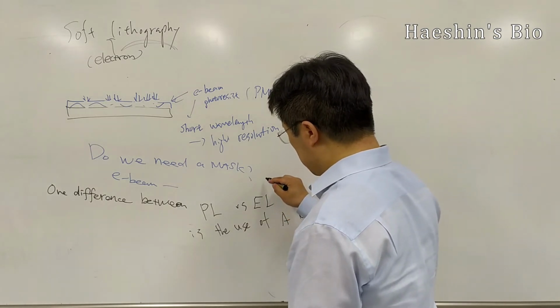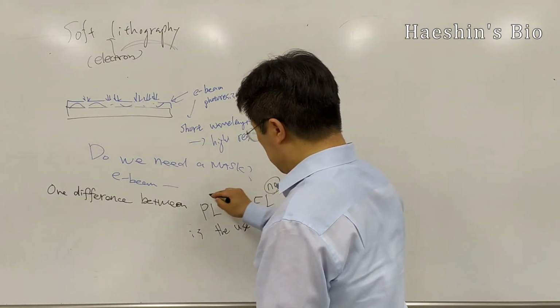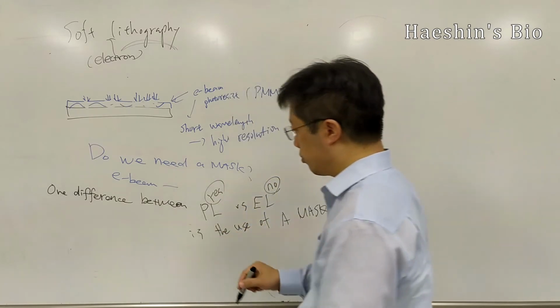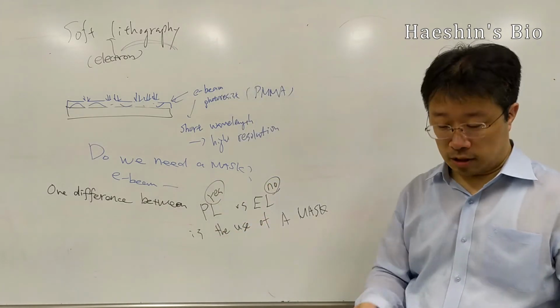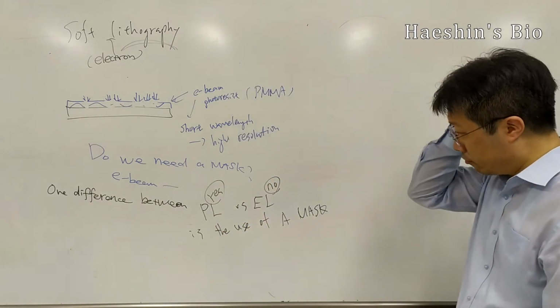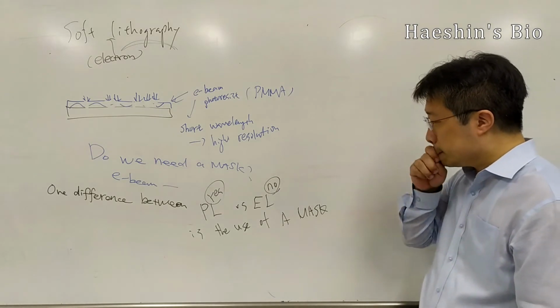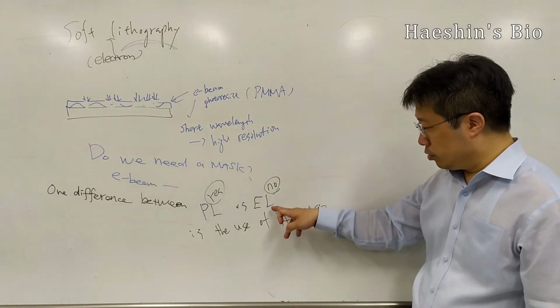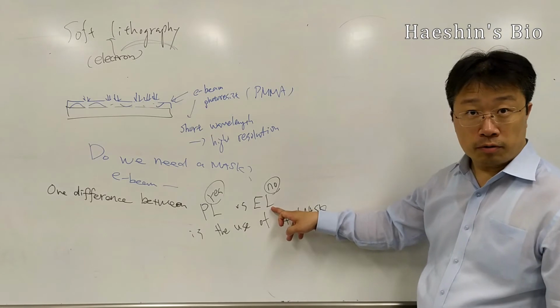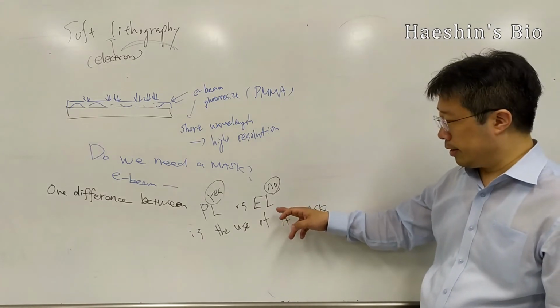So this is no mask, whereas the photoresist case always requires a mask. They have to use some photo mask. So we don't need the photo mask in the E-beam case.